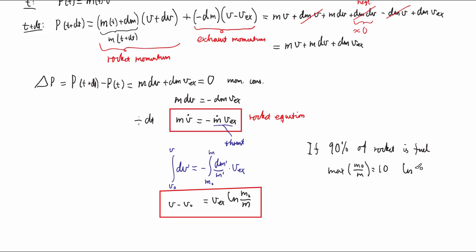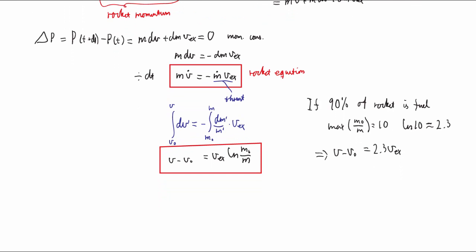The natural log of 10 is approximately equal to 2.3. So this gives us that v minus v0 is just 2.3 times the exhaust velocity. And that's if 90% of the mass of the rocket is just fuel.